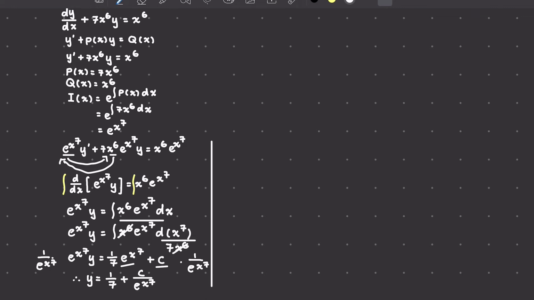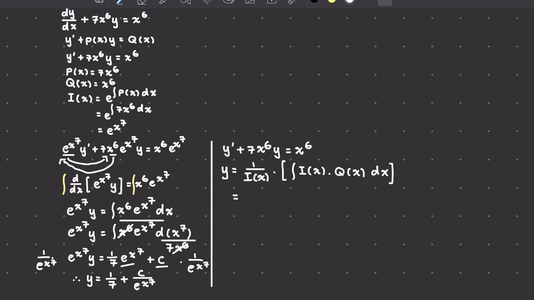Let's see. We have y derivative plus 7x to the power of 6 times y equals x to the power of 6. And the formula for it is just y equals 1 over the integrating factor times the whole integration of the integrating factor multiplied with Q(x) dx.